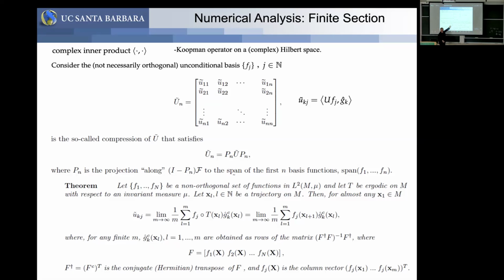This is a little bit different. It's a little bit more ergodic theoretic. But what I'll get your attention to is this is one basis function. This is the dual basis function. This is the composition with T, which is the operator. You're dividing by m when m goes to infinity. If you're dividing by m as m goes to infinity, you will never see anything but the stuff that is on the attractor.